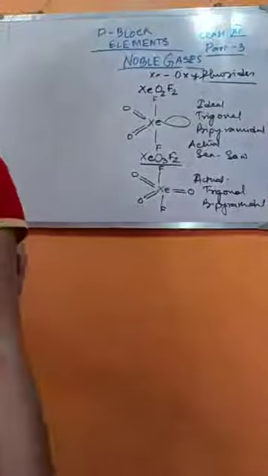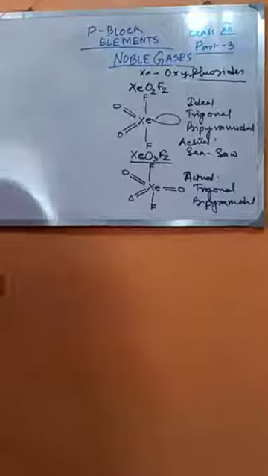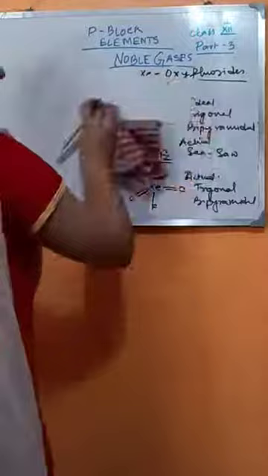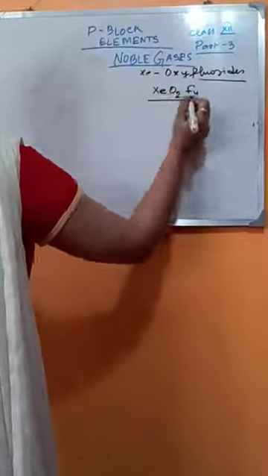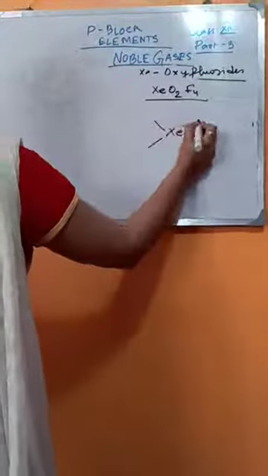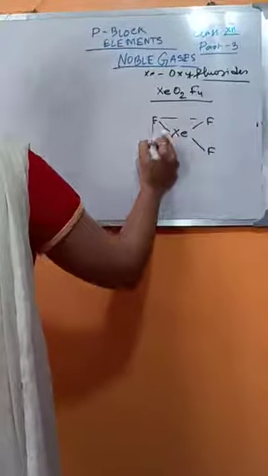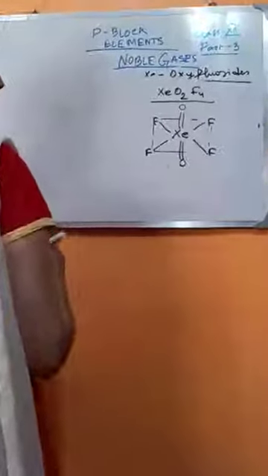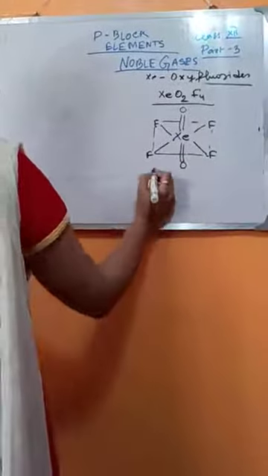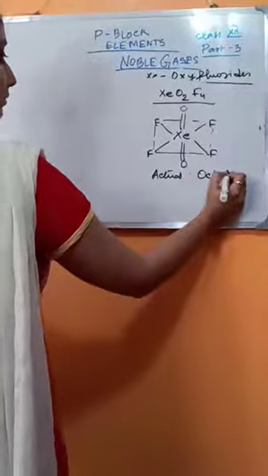Then the last molecule which you have to know, no lone pair of electrons is present. So ideal plus actual, both structures will be octahedral.